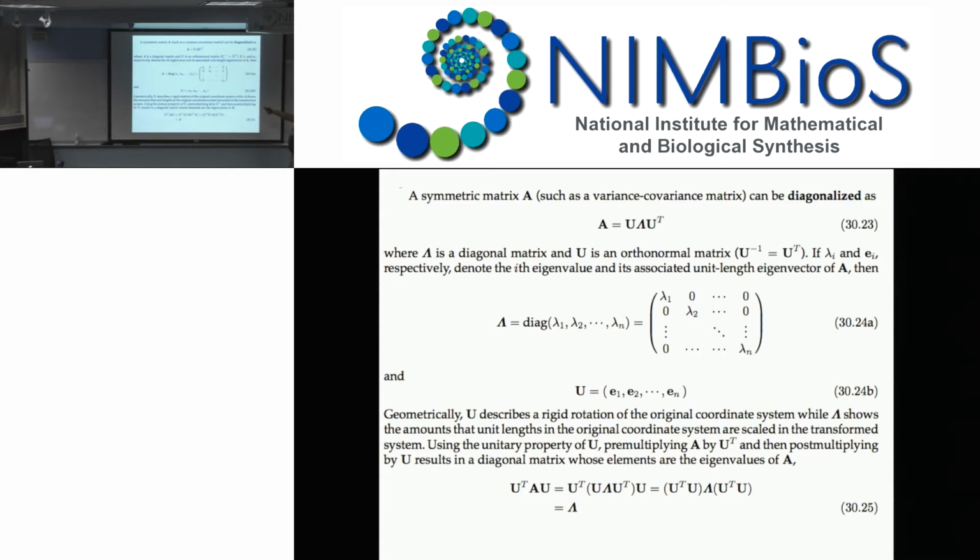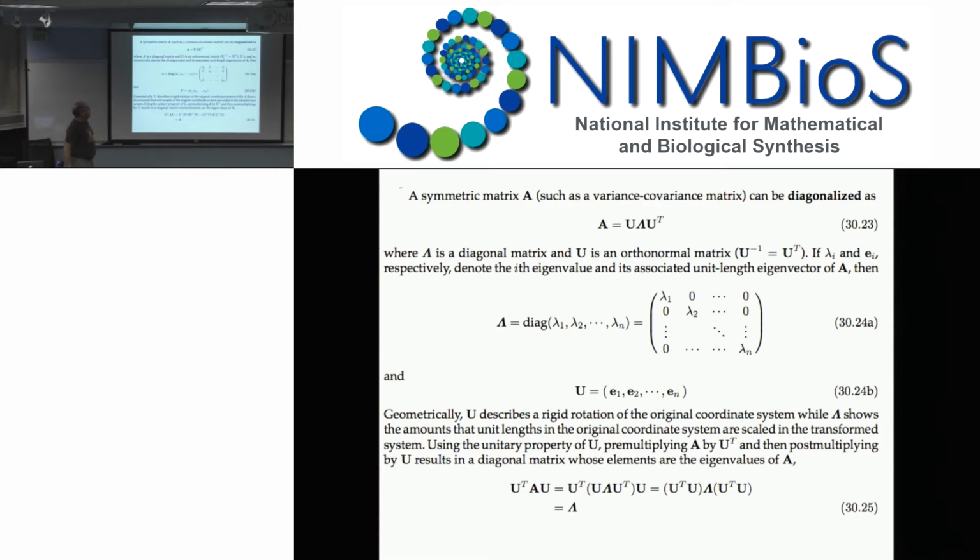The reason that's important is I can take any symmetric matrix and I can diagonalize it in this form here. I have a unitary matrix, its transpose, and this thing here is the diagonal matrix. And the cool thing here is the diagonal matrix, the elements are the eigenvalues, and the unitary matrix has the first eigenvector, second eigenvector, etc. So the eigenvectors are at right angles to each other, and here are the corresponding eigenvalues. By the way, from this, you get a couple of really cool things that come right away.